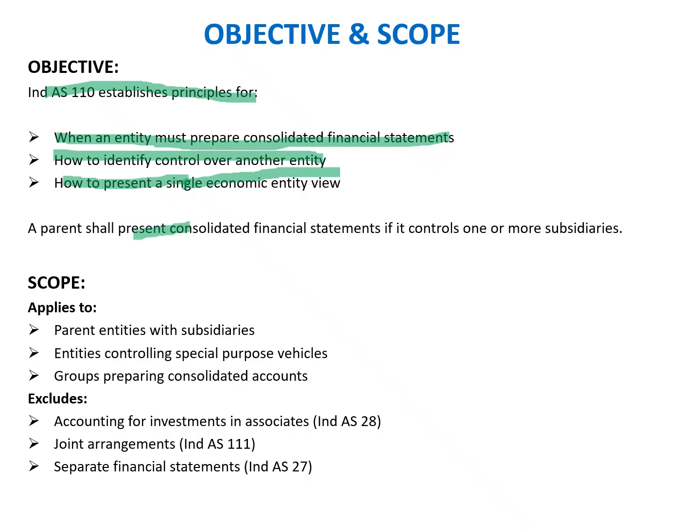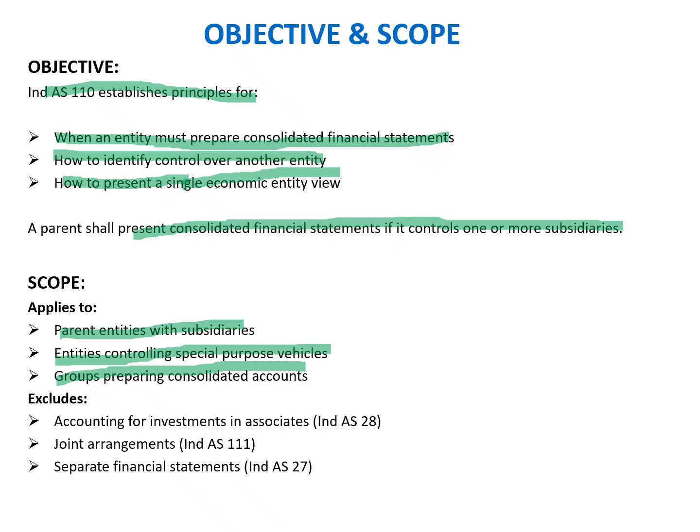A parent shall present consolidated financial statements if it controls one or more subsidiaries. Now, when we look at the scope, it applies to the parent entity and the subsidiaries, entities controlling special purpose vehicles, and groups preparing consolidated accounts.